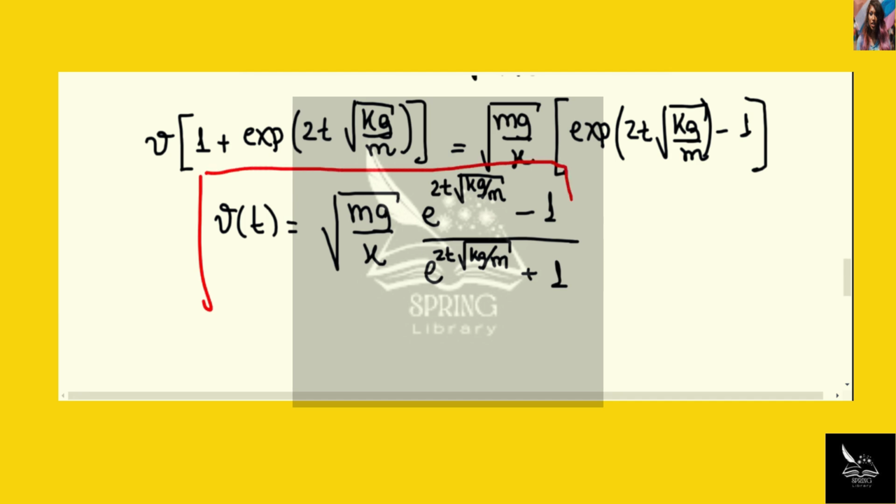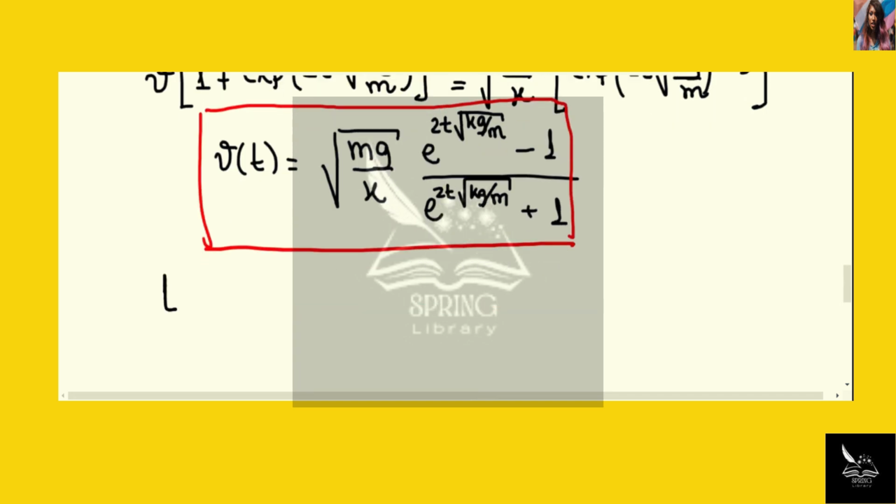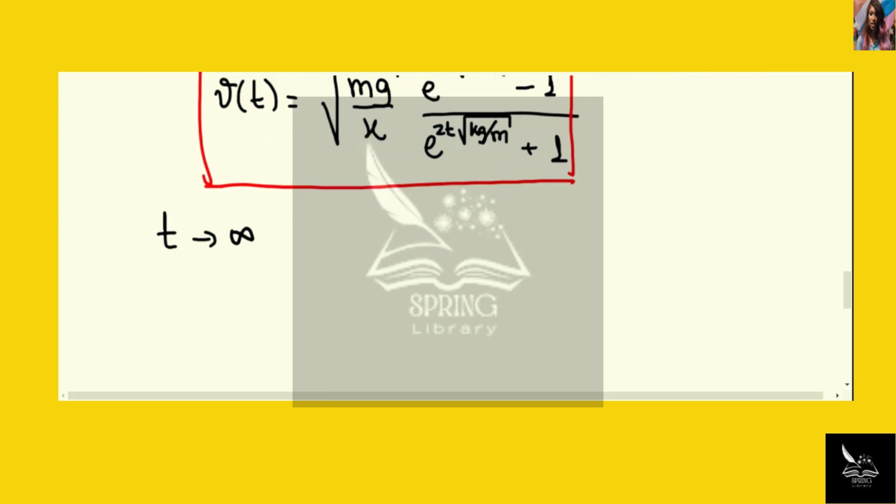Then we need to find the speed with which the parachutist hits the ground, and that speed must be taken by making t go to infinity. So v of t going to infinity is equal to the square root of mg divided by k.